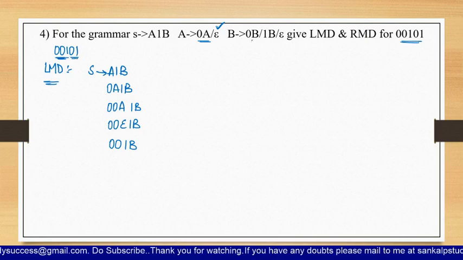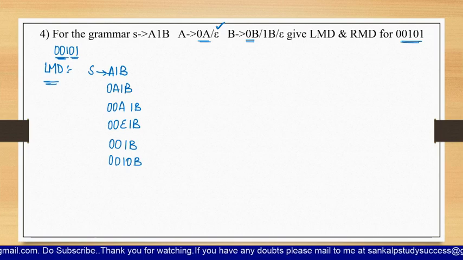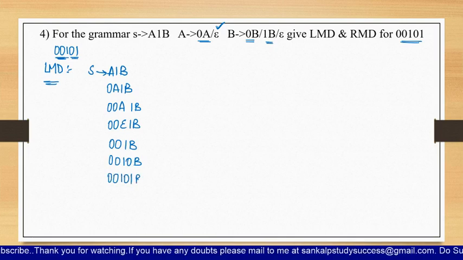So in place of B, we are going to substitute with 0B. So then we are going to get it as 0010B. And in place of this B, we are having 1B. So here 00101B.